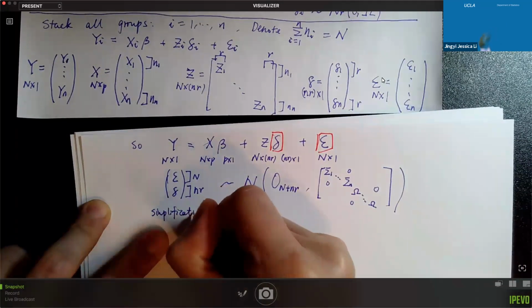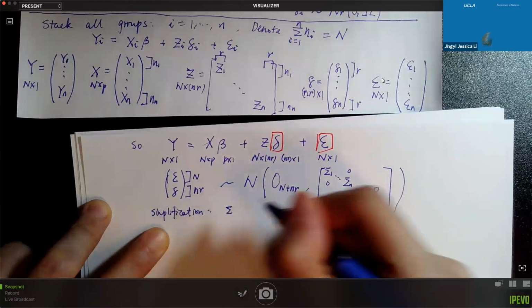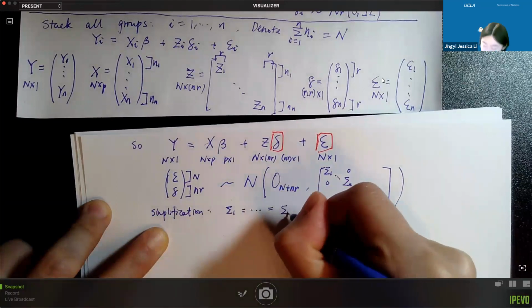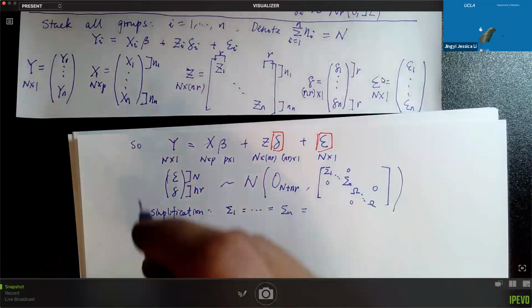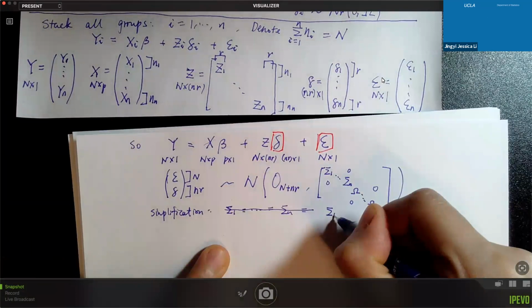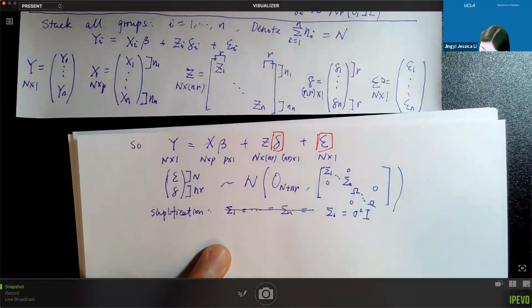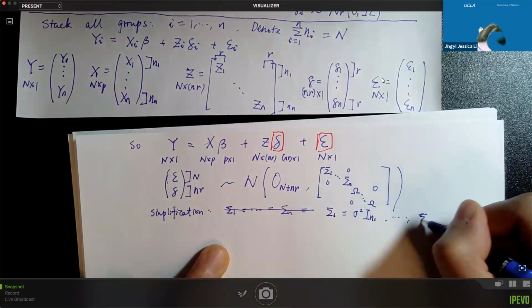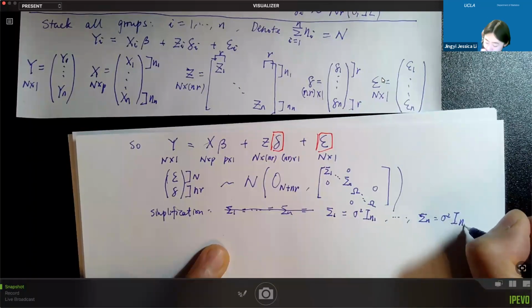I'll just write down the most simplified way. So we could just assume epsilon 1 to epsilon N are all just, well, maybe I shouldn't write it the same. Sorry, I think that's bad. So maybe I can assume the covariance of epsilon 1 is just sigma squared times the identity matrix with dimension N1, and for epsilon N it is sigma squared with identity matrix with dimension Nn.